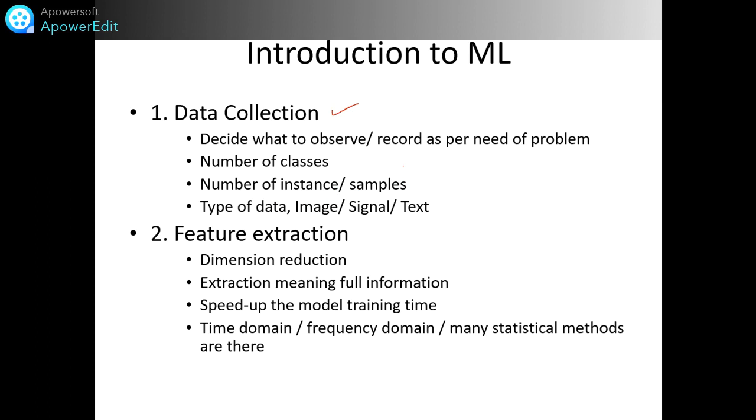If you do not have much variety of data or classes, your model will not be easily trained. Then what type of data you are collecting: image format, signal format, or text format. These things we have to predefine before the data collection. If we have defined these, we can easily collect the required data.